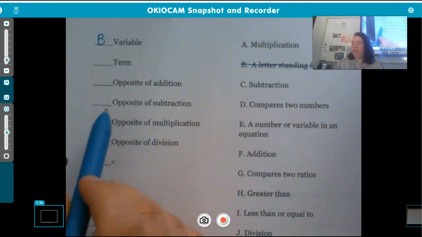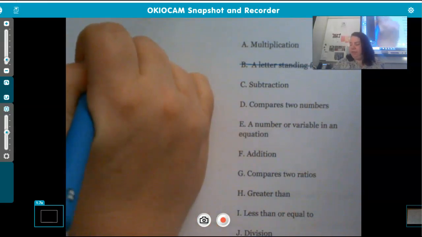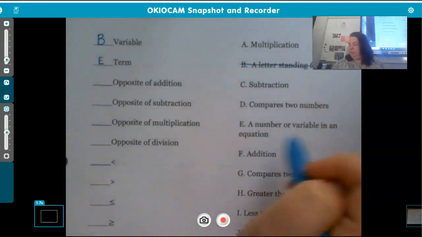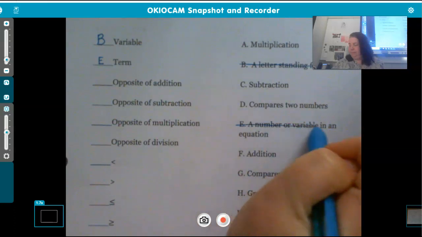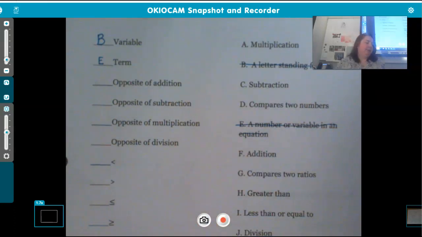Let's look at our next one, term. E, a number or variable in an equation. That is a term. Opposite of addition: subtraction.